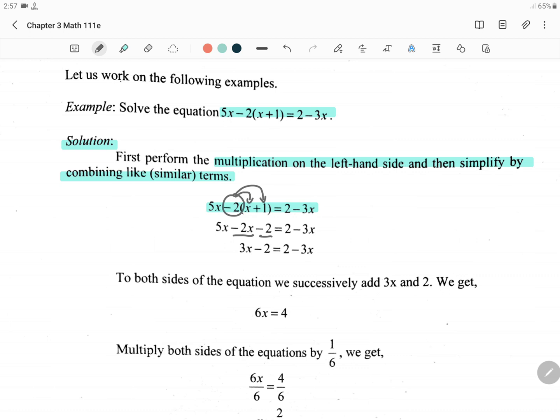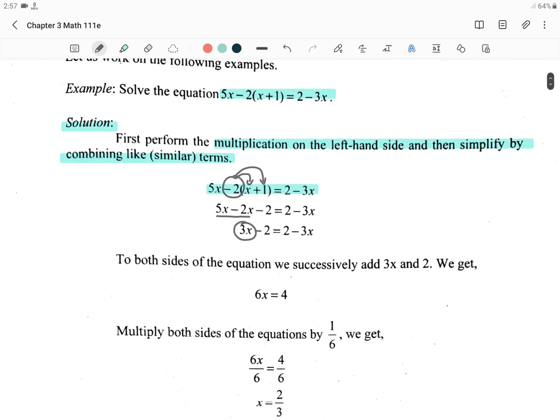Now, mapapansin natin na may mga similar terms or similar variables meron tayo diyan. So, pwede natin i-combine to siya. Okay? Other than that, wala na. So, we have 3x minus 2 is equal to 2 minus 3x. Now, we do not stop there kasi yung kukunin lang nating value is yung x value natin.